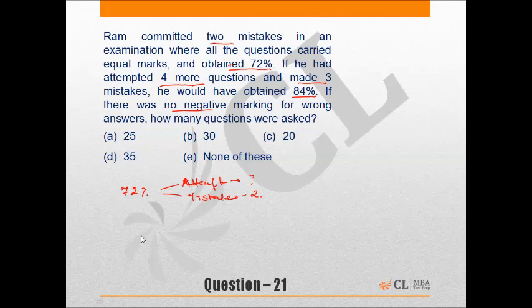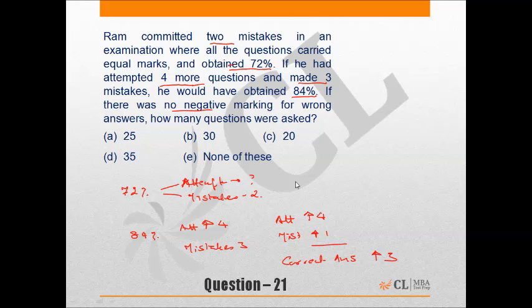The next condition, the question says he would have got 84% marks if his attempts would have increased by 4 and he had 3 mistakes. If there are 3 mistakes, that means while his attempts have gone up by 4, his mistakes have gone up by 1, or his correct answers have gone up by 3.